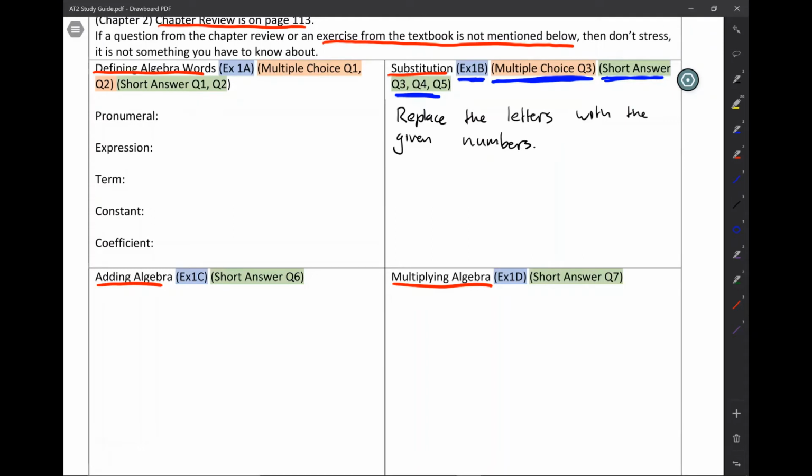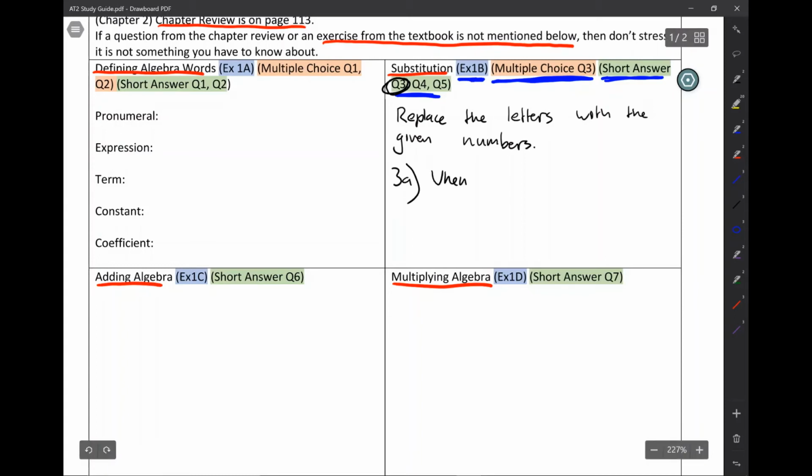That's something really important to remember when we're doing substitution questions. And then what I might also like to put in this box is an example of a substitution question. I'm going to actually do question 3A from the textbook chapter review here for you.